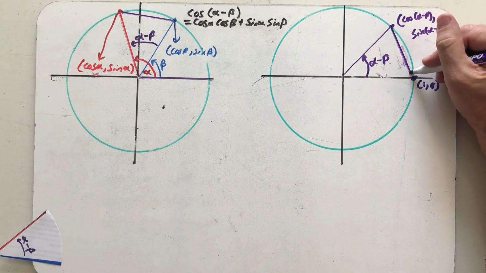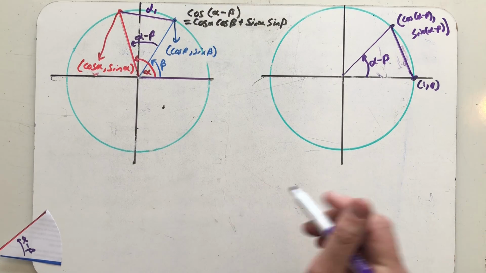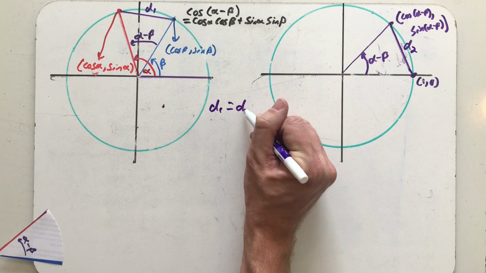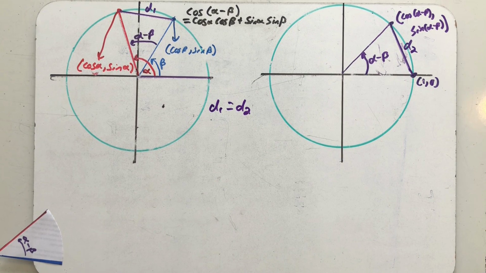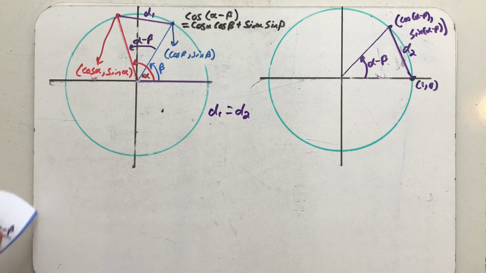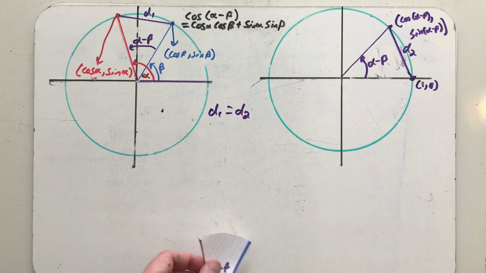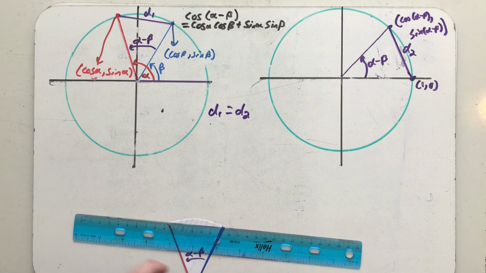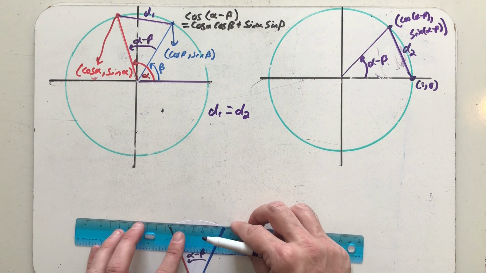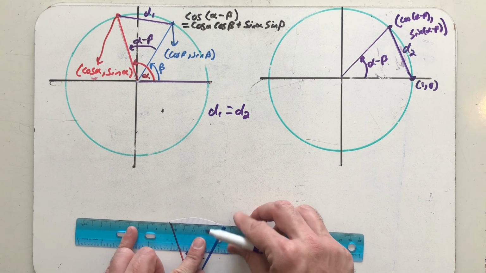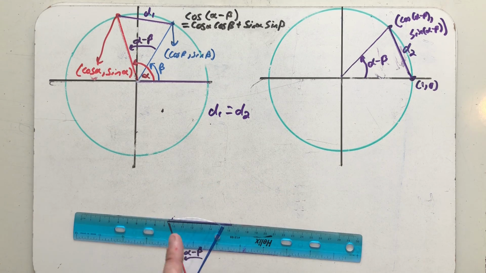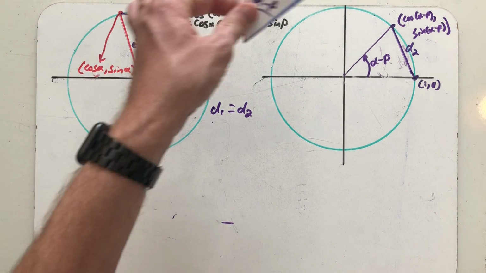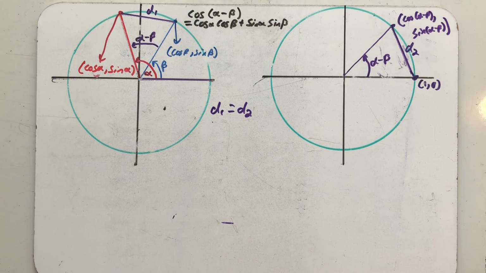If I call this length D1 and this length D2, what I'm really saying is that D1 is equal to D2. Those are the same length, the same line segment, just drawn in two different places, because it's really just the line segment connecting those two points on my unit circle across the top of this angle. So we'll pretend I drew a straight line that connected those dots, but I see that straight line just move from one picture to the other.